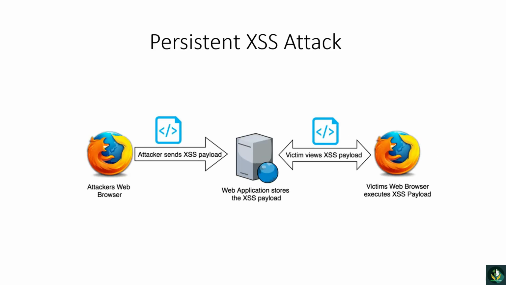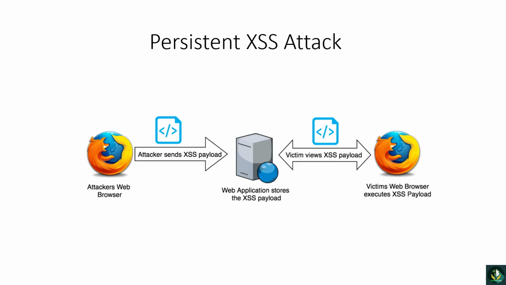So, persistent XSS attacks generally target websites like online communities and internet forums, also known as message boards, bulletin boards, or discussion boards, guest books, social network platforms, or comment sections that accept user generated content.